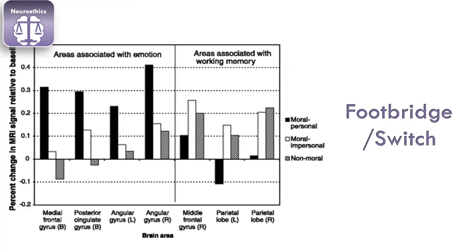So consider the footbridge and the switch scenario. Both of these involve a runaway trolley. In one of them, you have to flip the switch, and there's variations. I gave you the one where you could either save 5 or kill 7, but there's ones where you save 5 or kill 1. There's a variety of them.